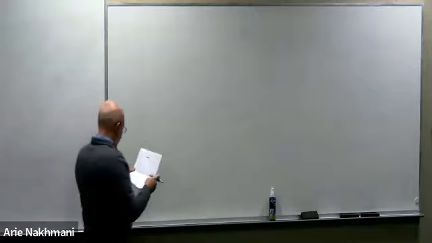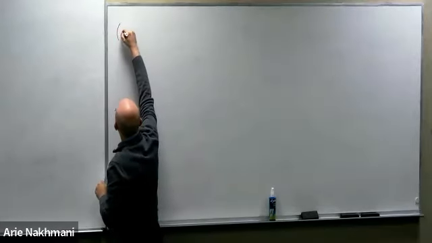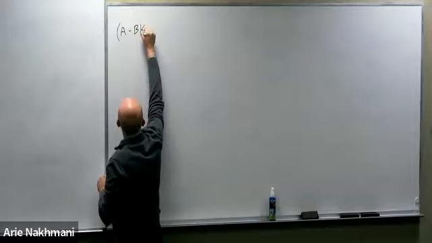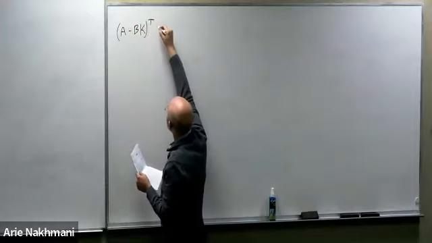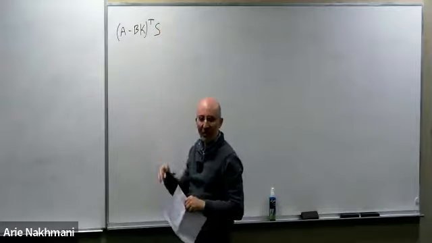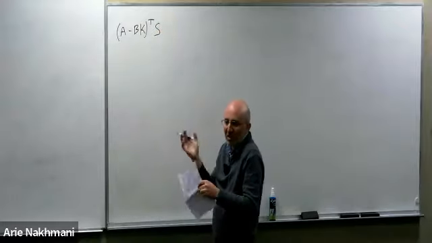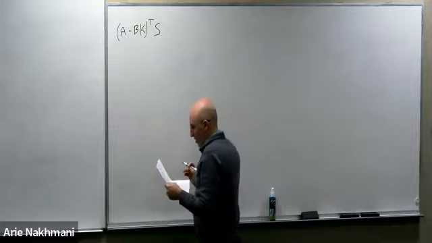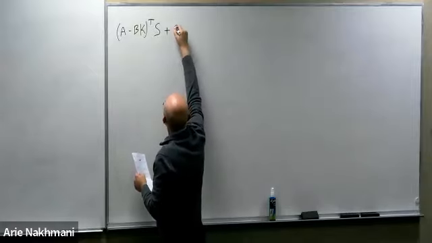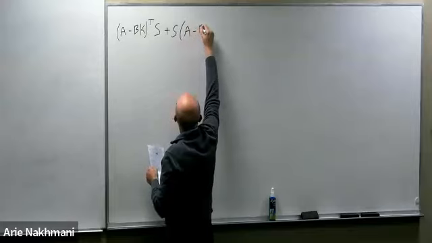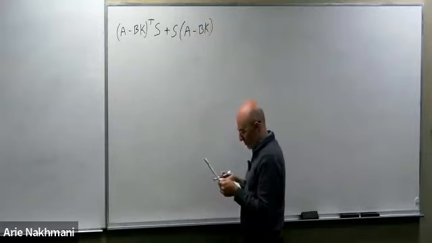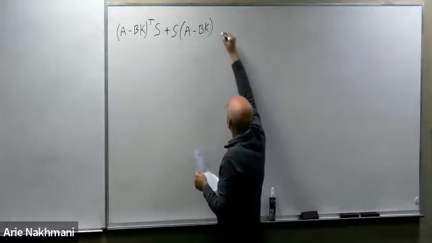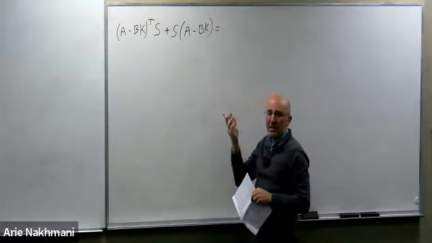So what do we get here? The Lyapunov equation will look like that. You'll have (A minus BK) transpose times S, that long integral, whatever it is, but it is some sort of matrix, right? Plus S times (A minus BK), just written in the Lyapunov equation, equals minus Q tilde.